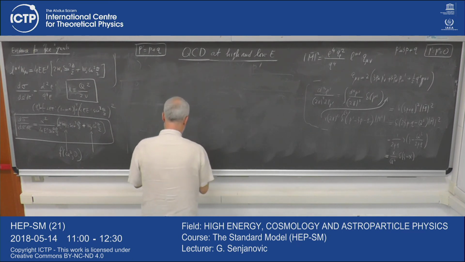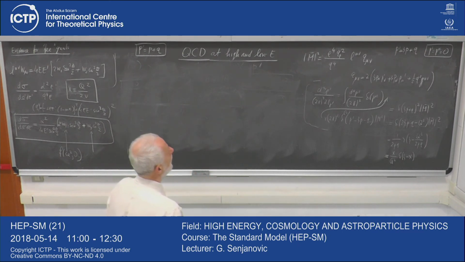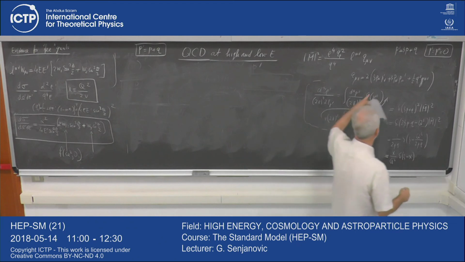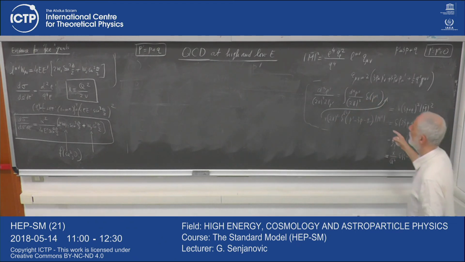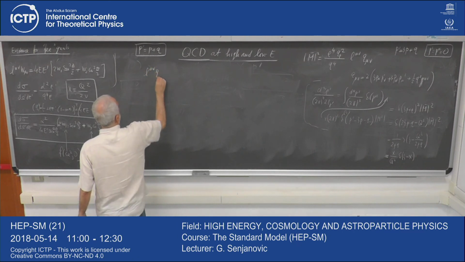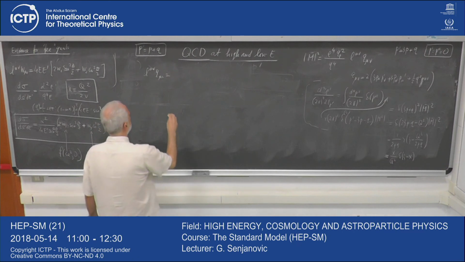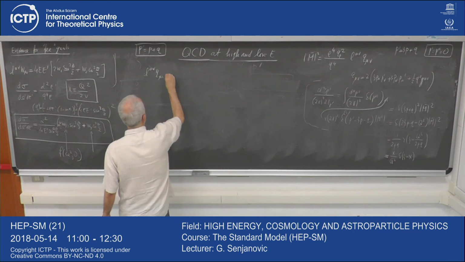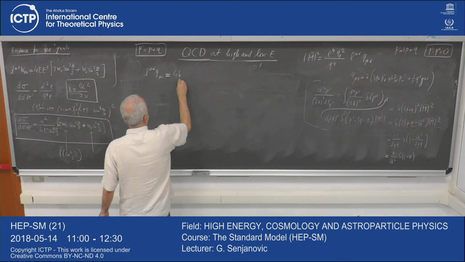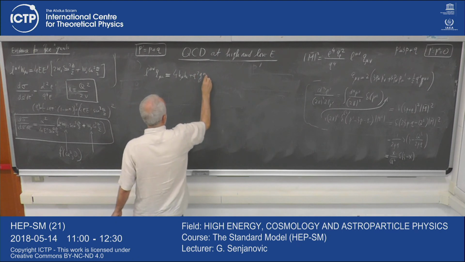I'm sorry. I forgot. We didn't compute L mu nu times Q mu nu. I just forgot to do that. L mu nu times Q nu, there was 4 K mu K nu plus Q squared g mu nu.